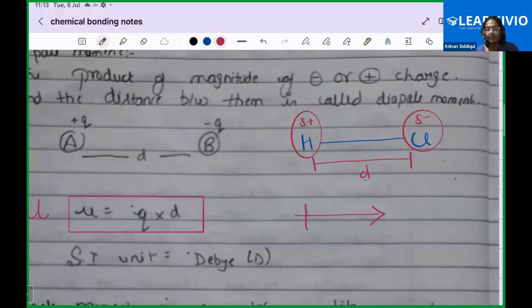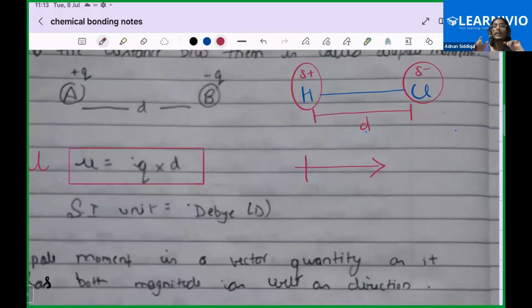Now let us try to understand what dipole moment actually means. We just talked about polarity. This HCl molecule is polar. From where to where is the electron density moving? The electron cloud is more shifted towards which atom? Chlorine.